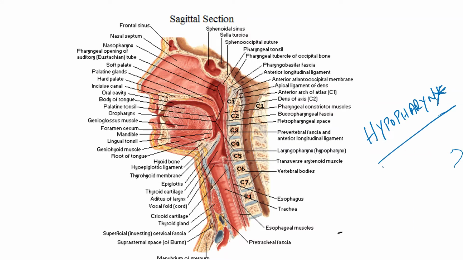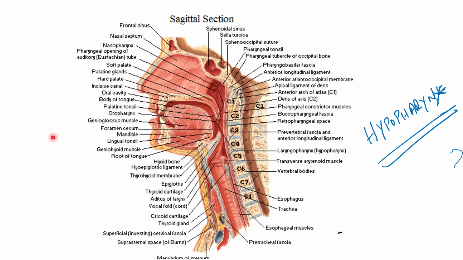So the nasopharynx is termed the epipharynx, the oropharynx is called the mesopharynx, and the laryngopharynx is termed the hypopharynx.